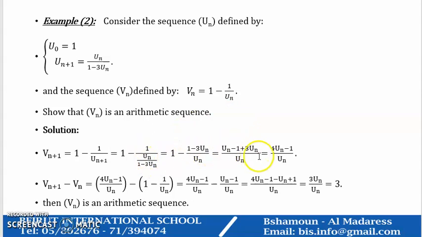So by simplification we obtain (1 - 3un) / un, which is Vn+1. Now let's calculate the difference Vn+1 - Vn. After calculation the answer is 3, which is a constant, so we can deduce that the sequence is an arithmetic sequence.